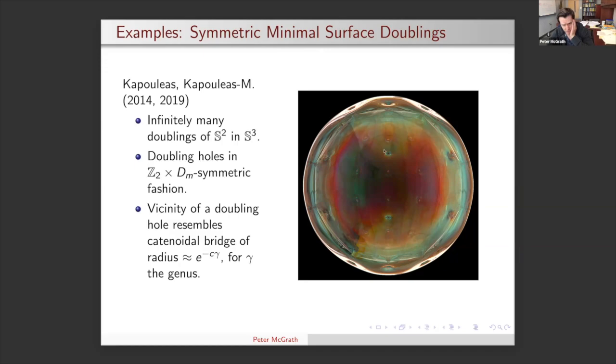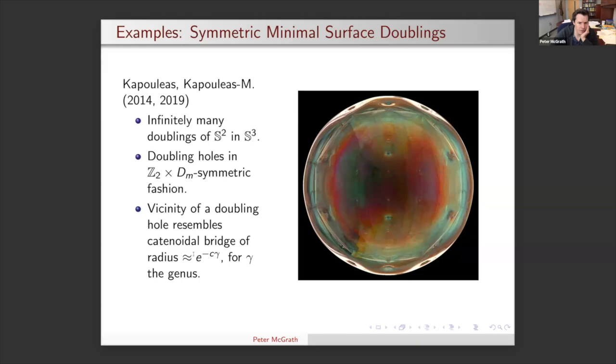And in this picture, I have a perhaps confusing looking stereographic projection of one of these kinds of surfaces. So you're seeing the outside and, quote unquote, inside in this projection of the doubling. Of course, because it's symmetric, the outside and the inside are isometric.